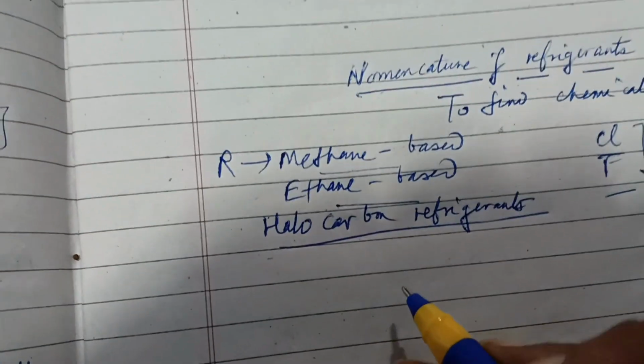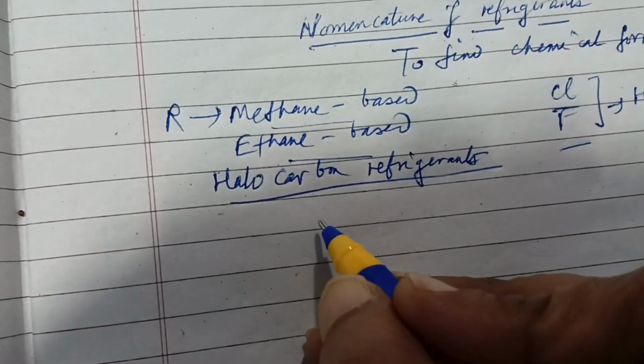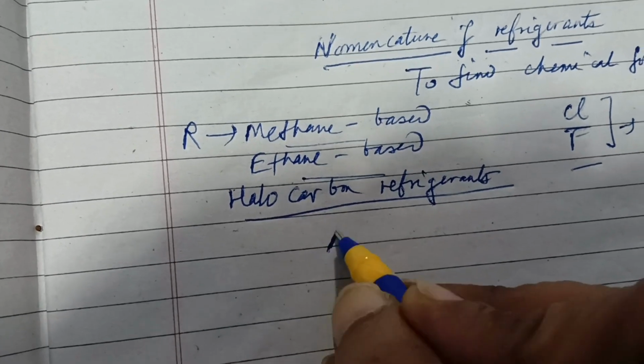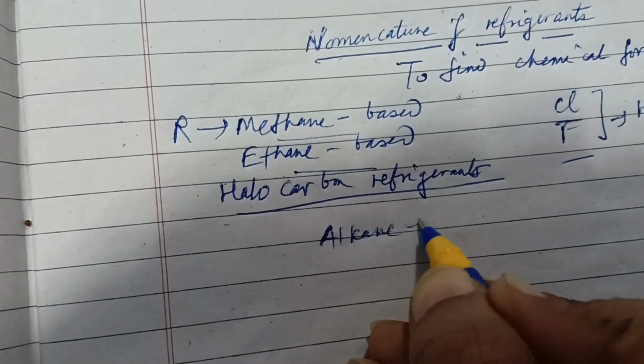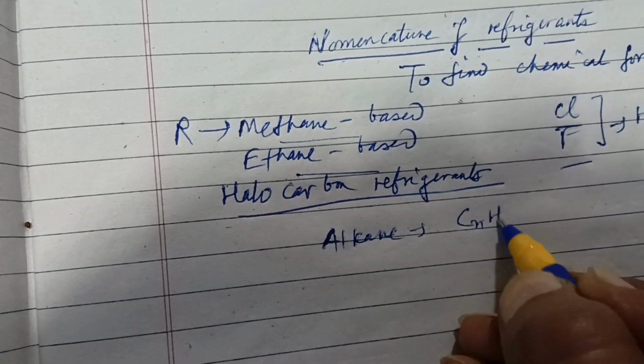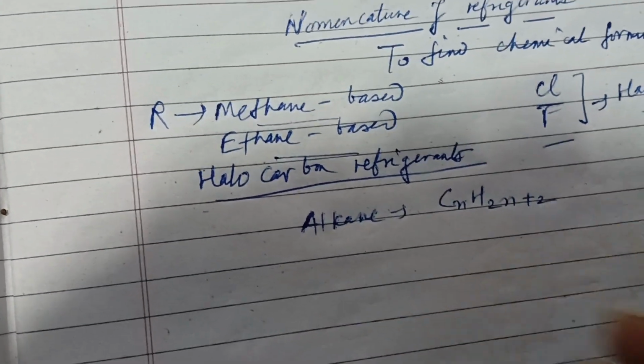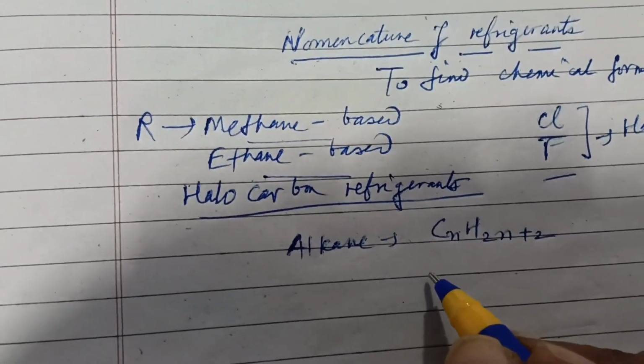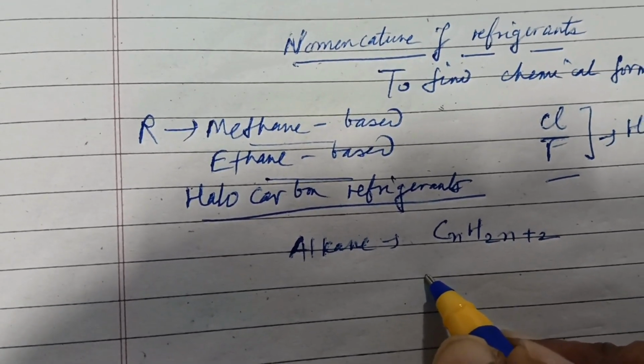To simplify this more, we know the simplest general formula of alkanes, CnH2n+2.